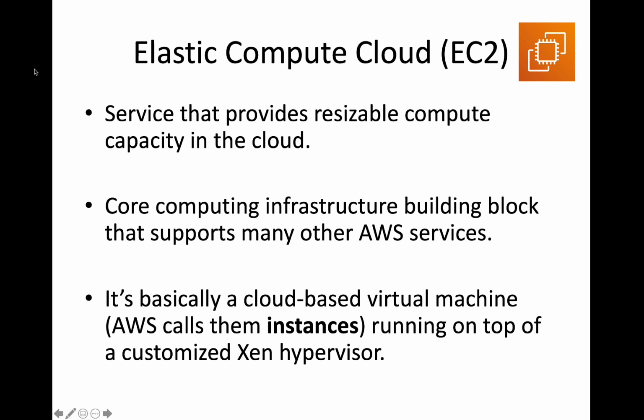EC2 servers are what we call instances, basically virtual machines that AWS manages for us. And these virtual machines are running on top of a highly customized version of the Xen hypervisor.